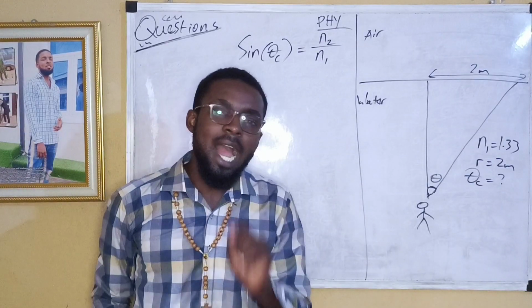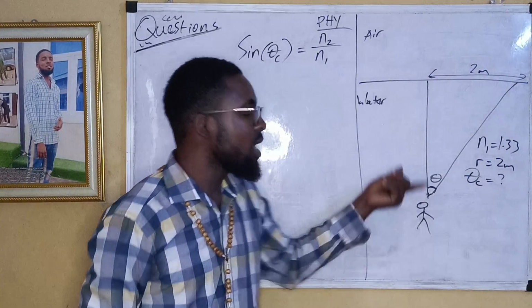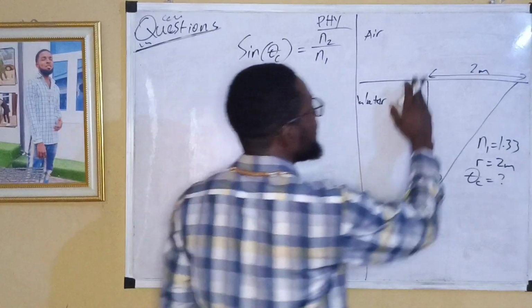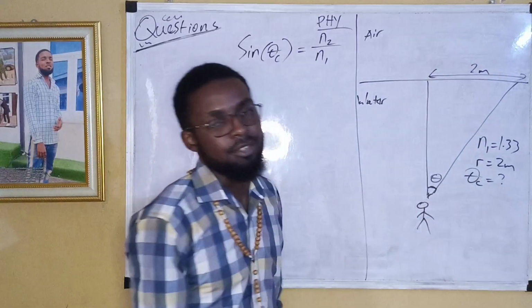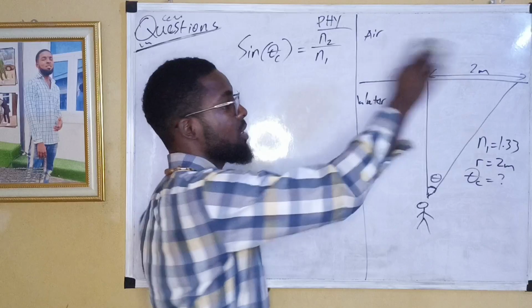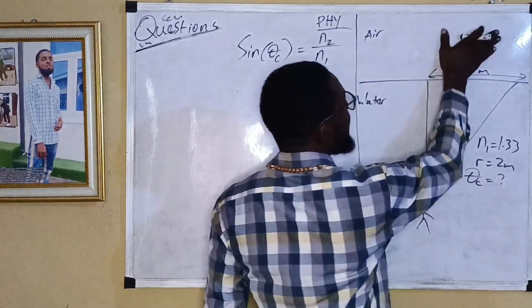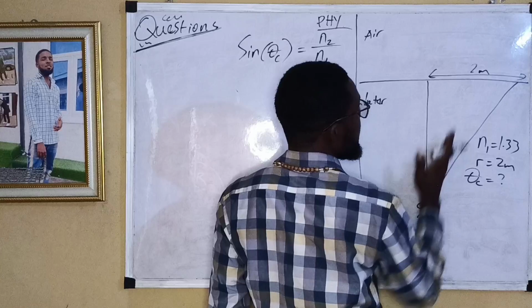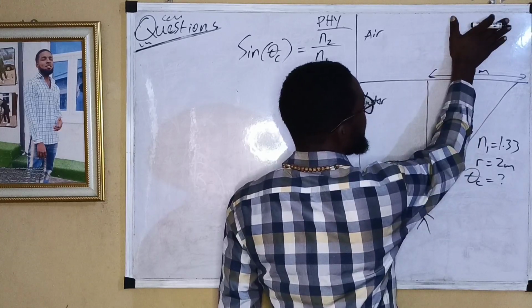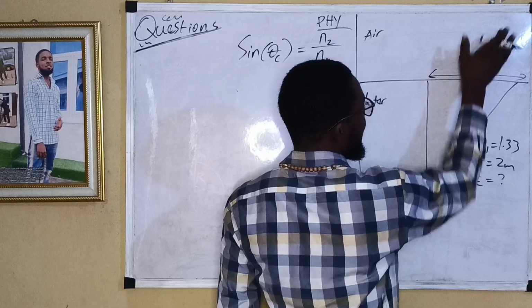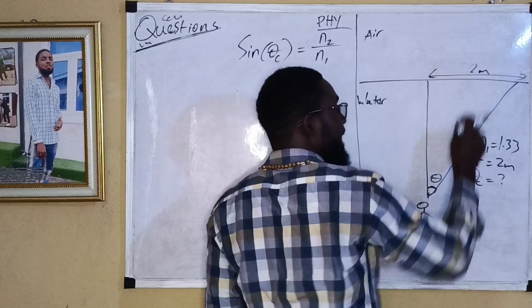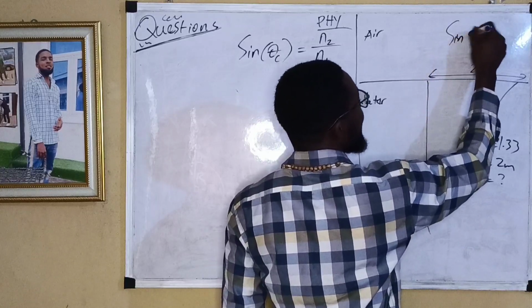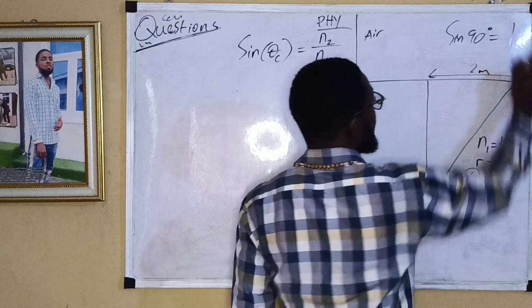Remember, a critical angle only happens when the angle of refraction is 90 degrees. The light ray bends right here from this medium to another medium. It means the angle of refraction in air is 90 degrees, and sine 90 degrees is 1.